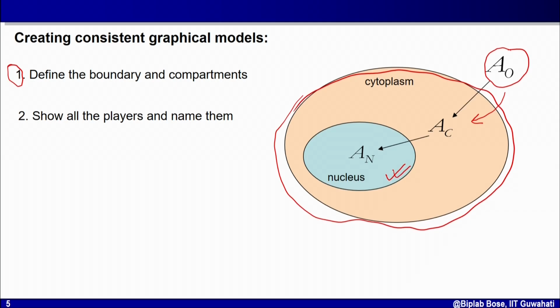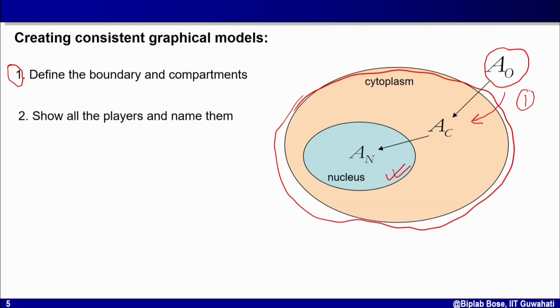So in this case, I have to show three different compartments. The first compartment is the outside of the cell. Second compartment is my cytoplasm. And the third compartment is the nucleus. In this particular case, I have to show nucleus separately because the molecule is entering the nucleus from cytoplasm.